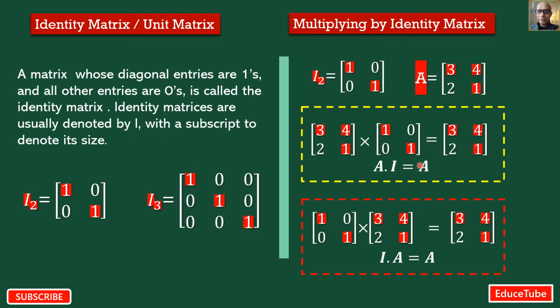So the original matrix. If we put it the other way, like A into I, or I into A, the result will be the same.